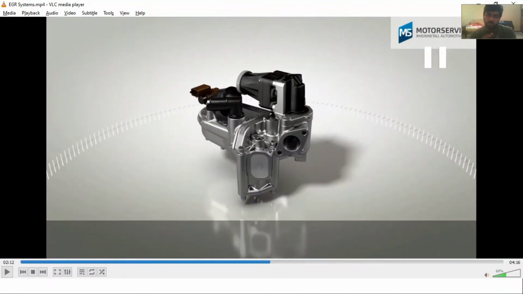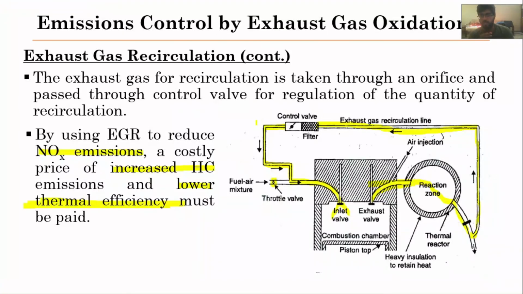Now again, you will not see this EGR cooler in the schematic which I have shared in these slides. Here you can see we do not have any EGR cooler present.